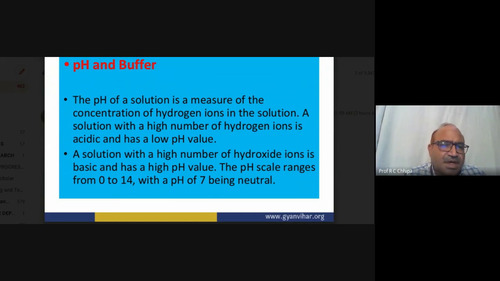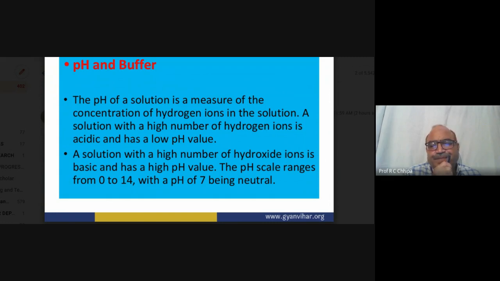All of you are well aware that the pH value indicates, for an aqueous solution, how acidic or how basic the solution is. That can also be related to the hydrogen cation.